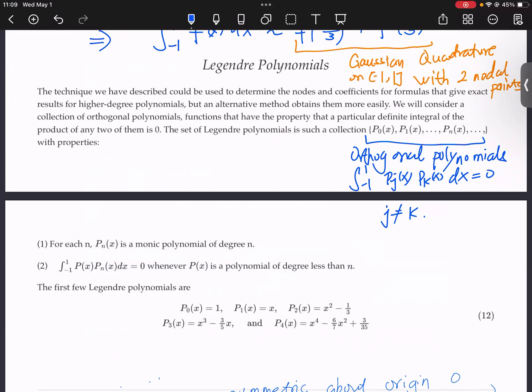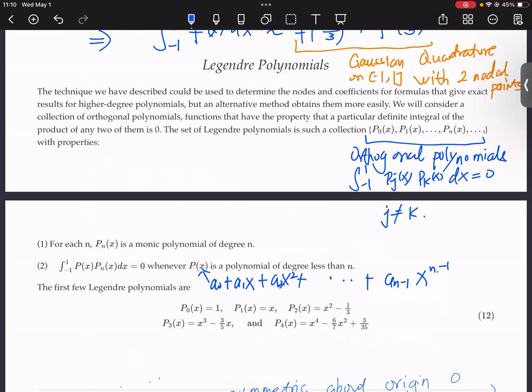Any arbitrary polynomial P(x) of degree less than n can be expressed as a linear combination of the basis functions, represented as a0 plus a1 x plus a2 x squared, up to a_(n-1) x^(n-1).